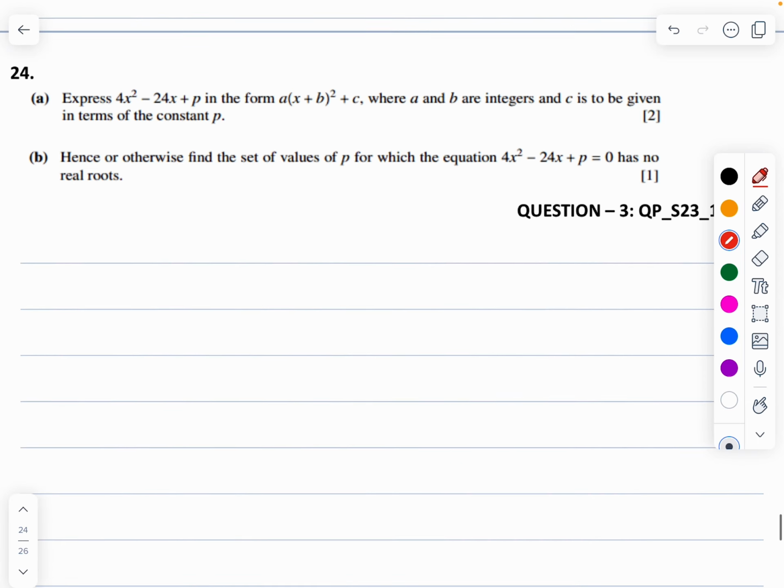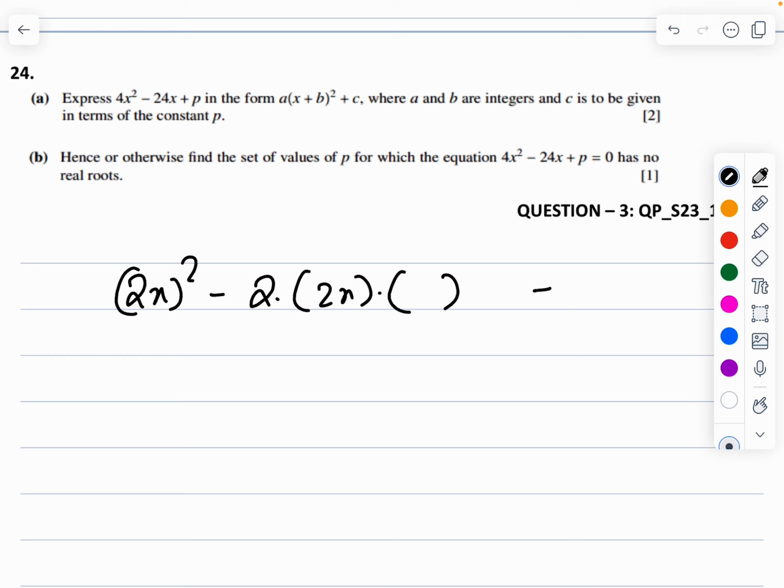Question number 24. Completing the square. 4 common, x square minus 6x. Then what should be the value of p? So what can I take common? It can be written like this also. 2x whole square minus 2 times 2x times something plus p should become a completing square.